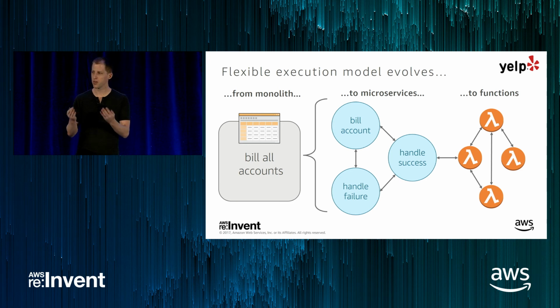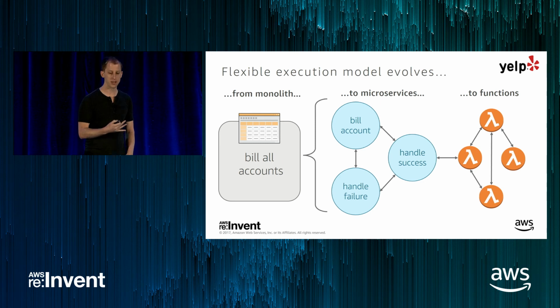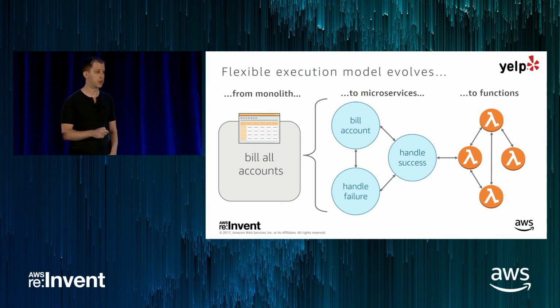It's somewhere in between monolithic and microservices. And so having an execution model, having a tool like Step Functions that can flexibly support me where my code is at and give me the power and leverage I want to maybe move more in a microservices direction is really, really valuable. And we saw that it can support us all the way at the fully monolithic side and incrementally as we move more and more distributed.